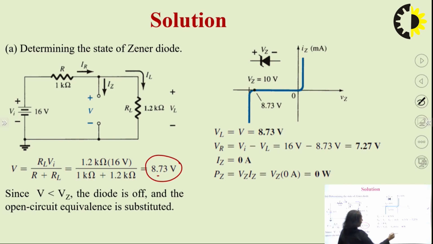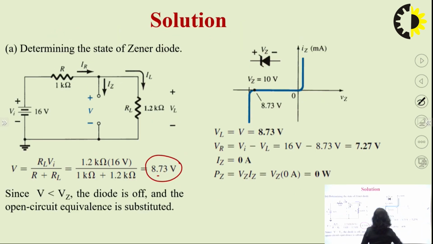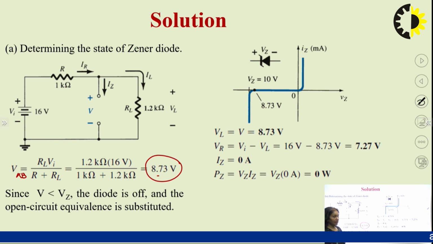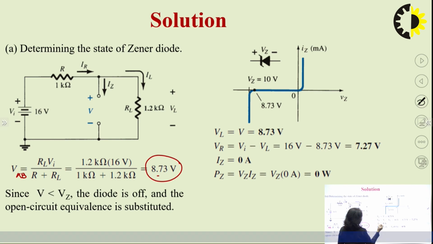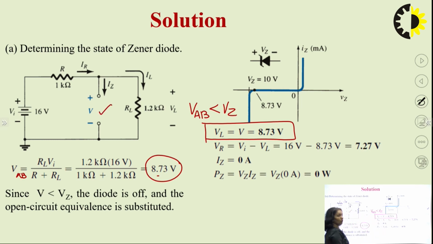In the circuit we can see that Vz is 10 volts, and VAB is 8.73 volts. So when we compare, we find that VAB is less than Vz. So your diode will remain in the open circuit state.